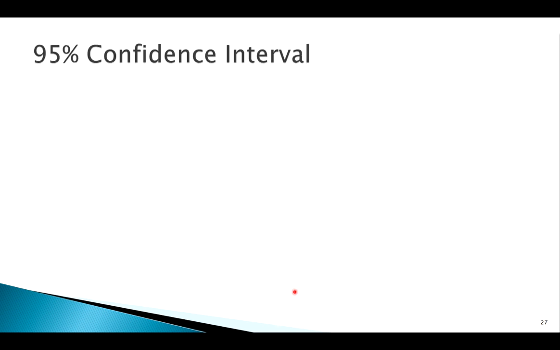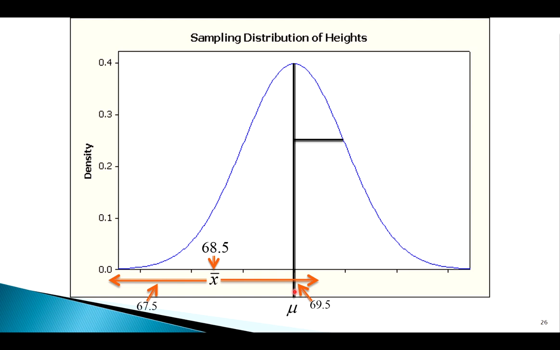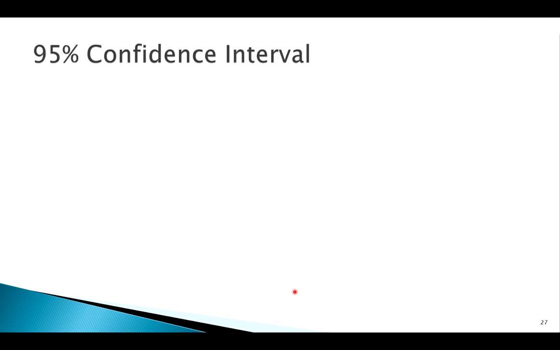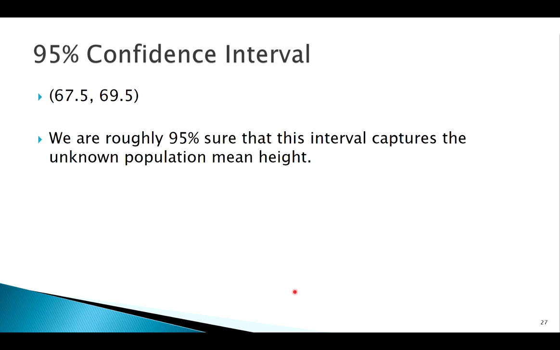In this case, since we went out 2 standard deviations, this is the idea of what we would call a 95% confidence interval. So we're about 95% sure that this interval captures that parameter we were looking for. In this case, the true mean height.